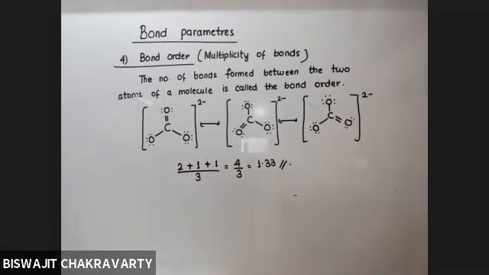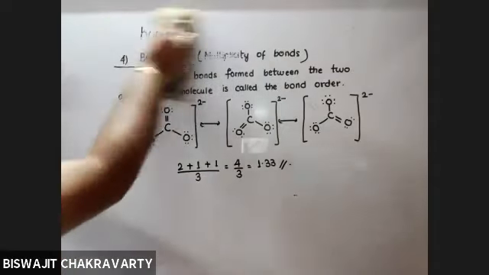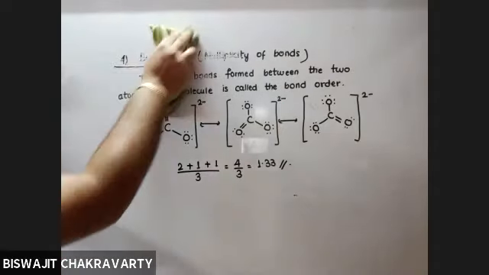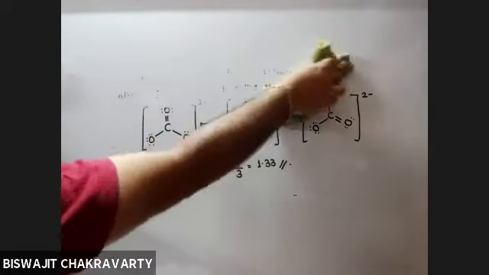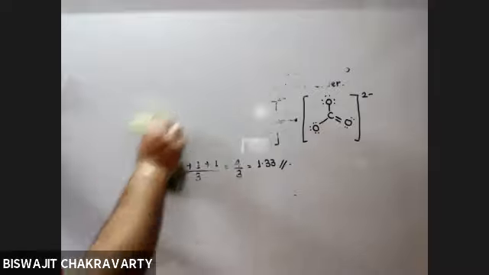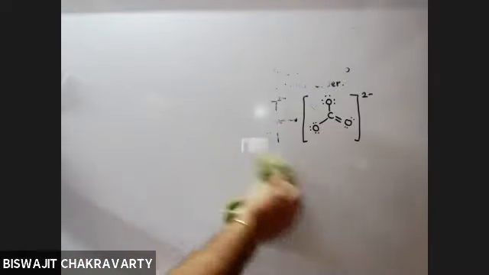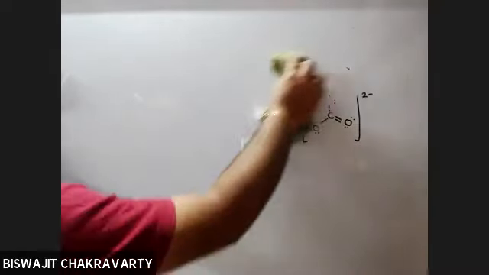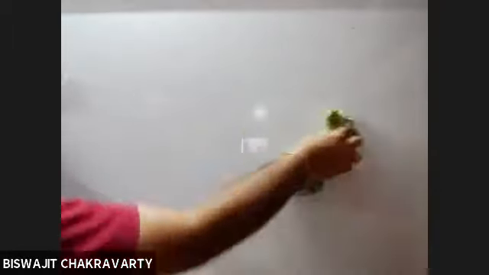Is it understood to all? Okay. So these are the different bond parameters of a chemical bond. If you come across these terms, they should be crystal clear to you, because these concepts are required to understand the different chapters starting from 11 as well as class 12.